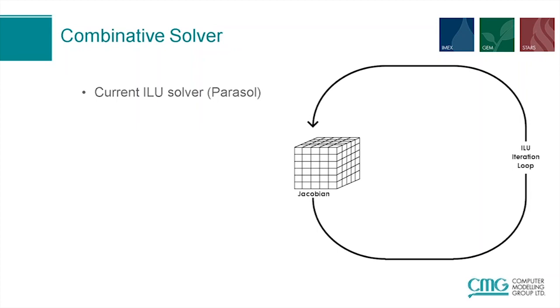So our current IOU solver, or Parasol solver, once again, works extremely well, very efficient for the majority of the cases. It works by taking the Jacobian matrix and putting it through a series of iterations. Now, in those problematic data sets, we see a slowdown of this iteration, and the slowdown typically is because of our pressure matrix.